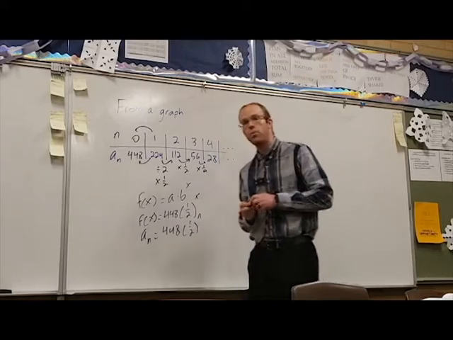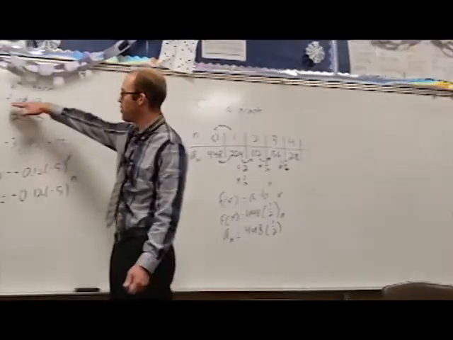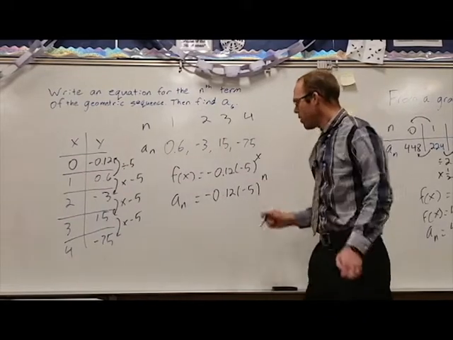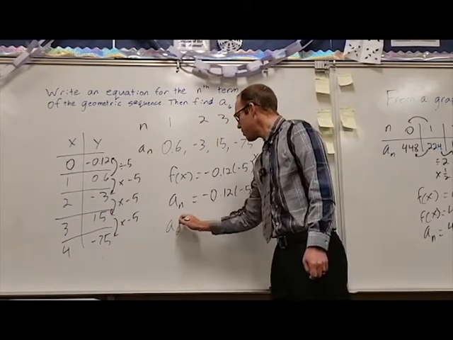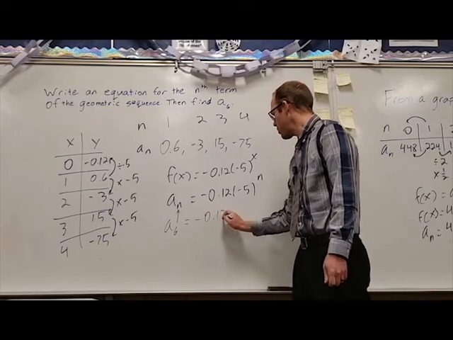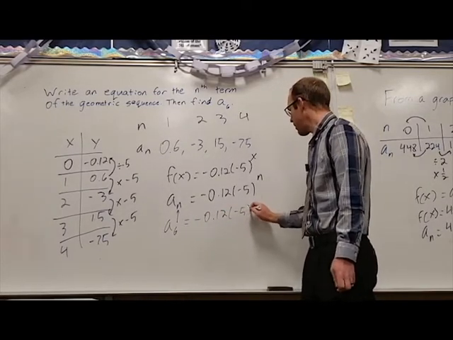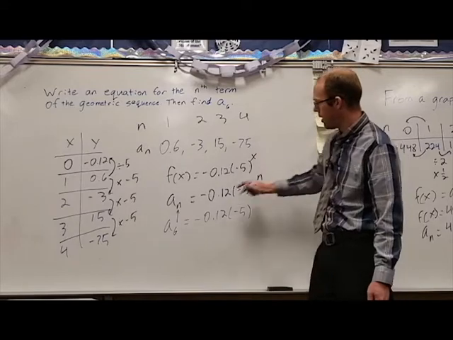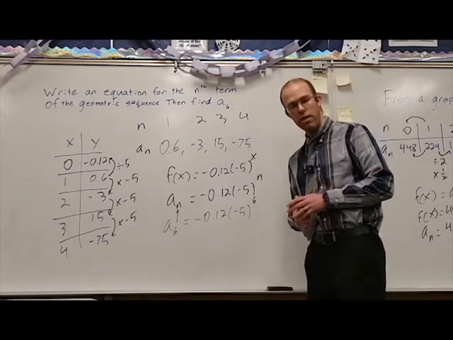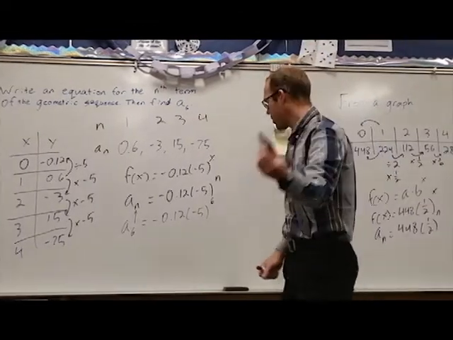Now that we have this sequence, we can tackle the second part of our question, which is to find a sub 6. A sub 6 just means we're going to plug a 6 into our a value. We get negative 0.12 times -5, but our n has been replaced. It is now 6. So this is finding the value for the 6th step in our sequence.